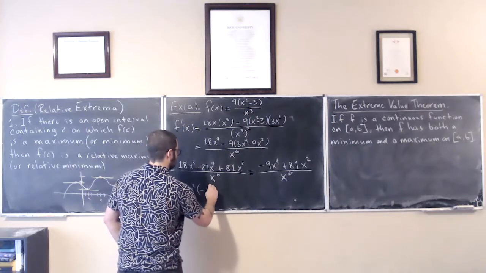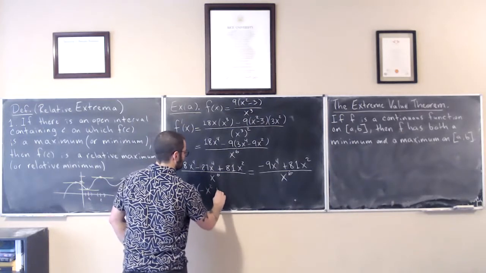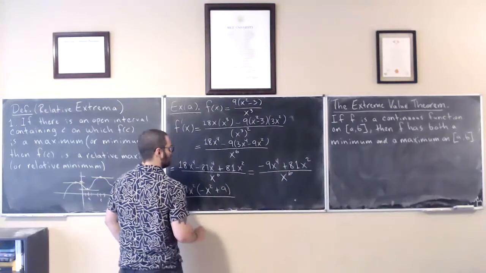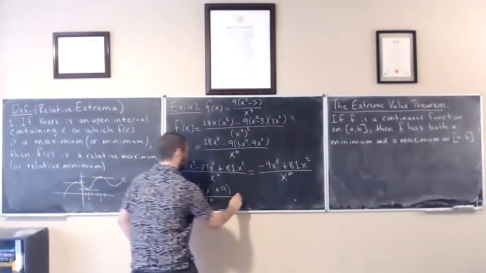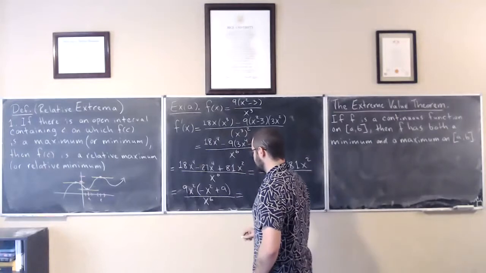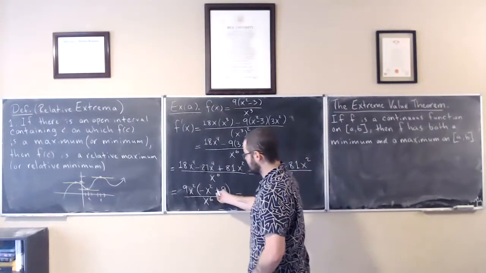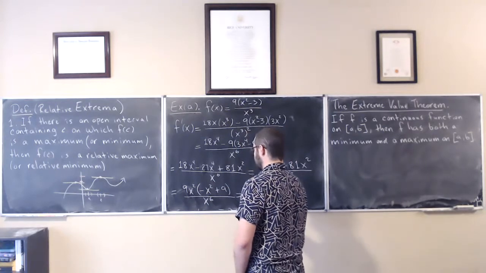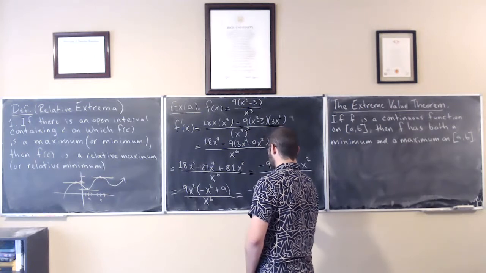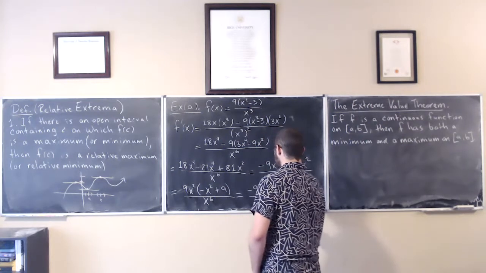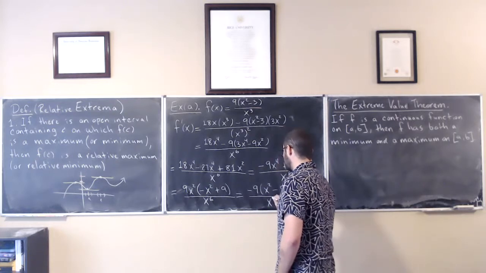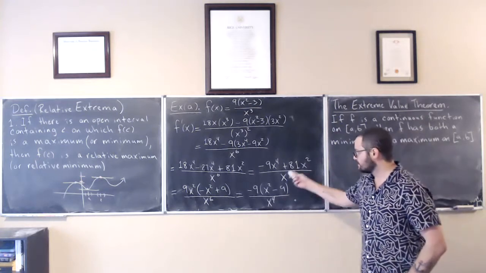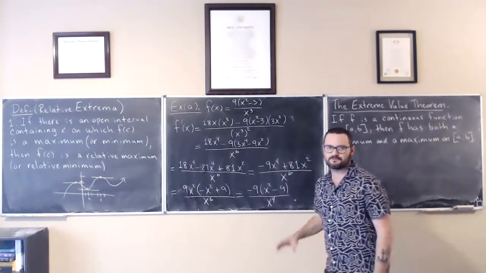Minus x squared plus 9, all over x to the power 6, which is equal to, I'll factor out a negative just to make it look nicer. So negative 9 times x squared minus 9 all over x to the power 4. So a little bit of algebraic simplification just to get it where we want it to be in its factored most simple form.